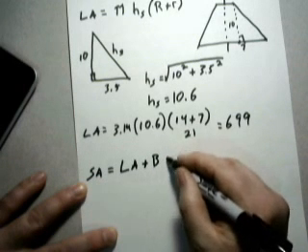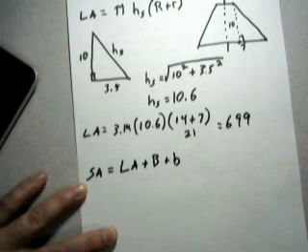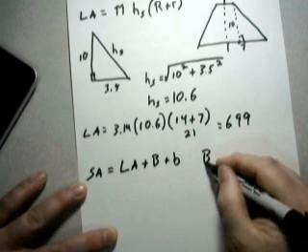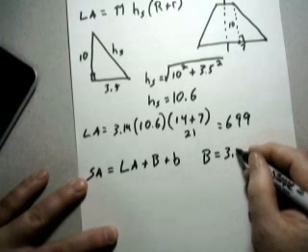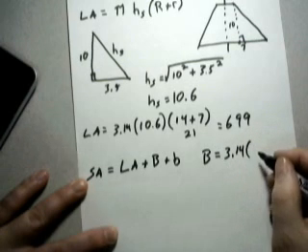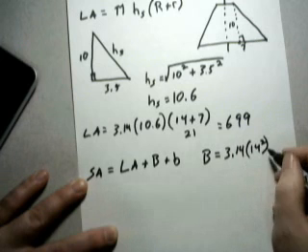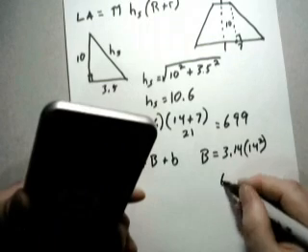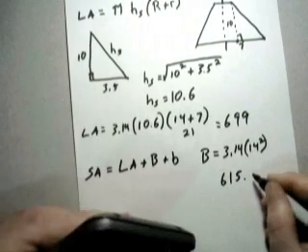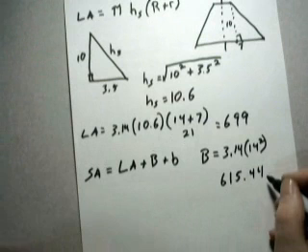So the area of the big base is 3.14 times 14 squared. I don't have that memorized off the top of my head, so I'll just do it. 14 squared times 3.14 is 615.44.